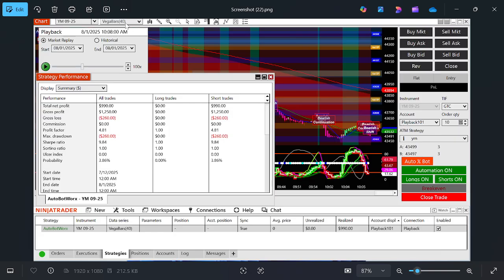So again, in just the New York session, the 40 Vega bars is the better performing settings, filtering with the 200 SMA and running Vega 40.